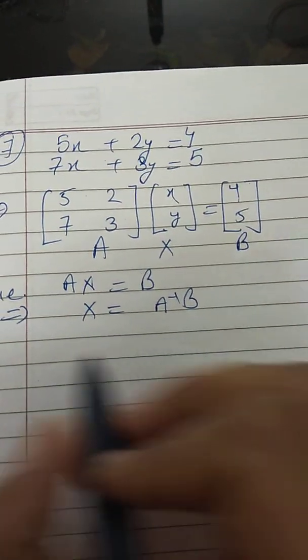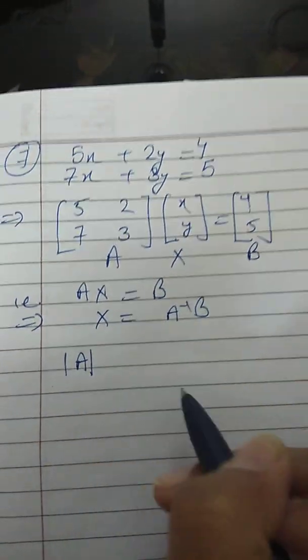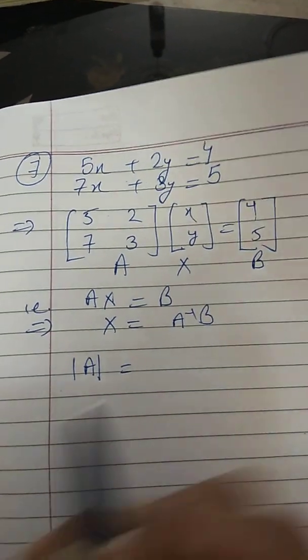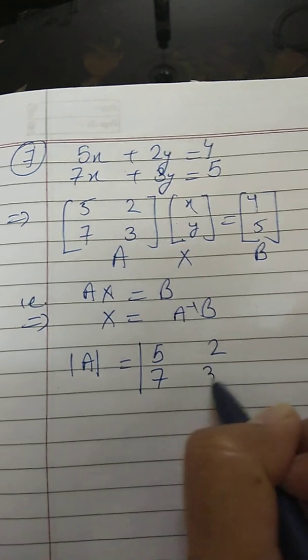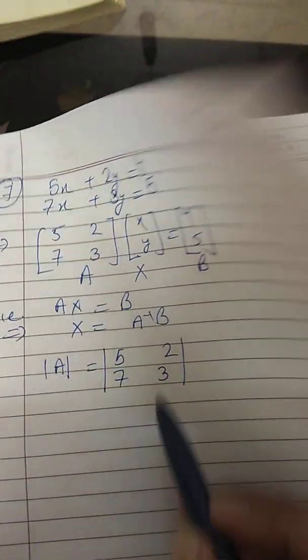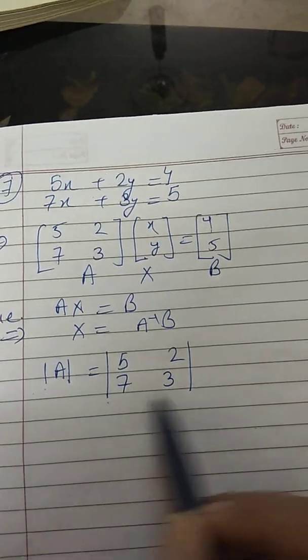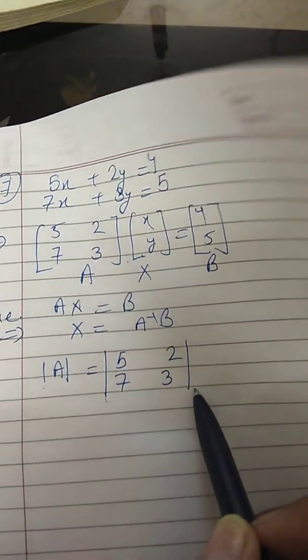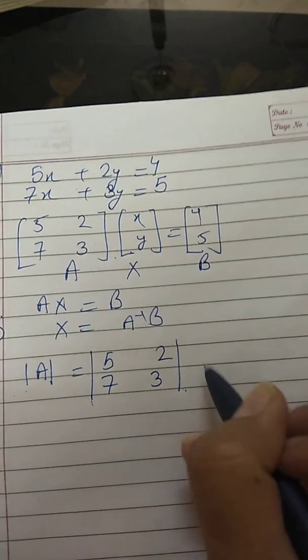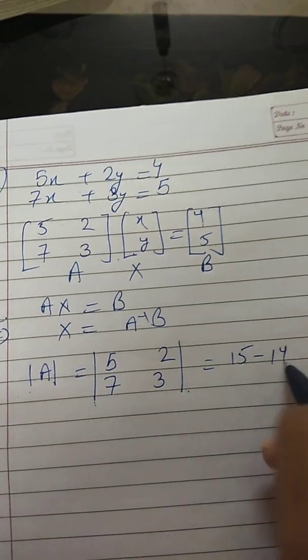Okay, in order to find A inverse, what is the thing? First of all, we will check A determinant. Now A determinant is coming 5, 2, 7, 3 in the determinant. Remember, whenever you are writing the determinant values, the matrix sign will be removed. It will be written in two vertical lines, right? So we are getting here 15 minus 14, which is 1, not equal to 0.